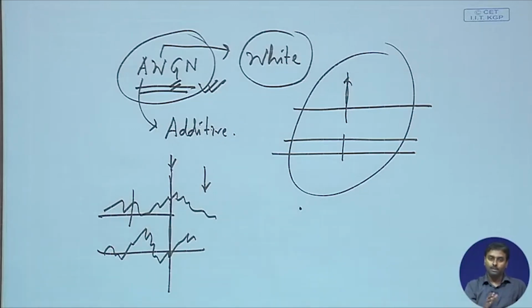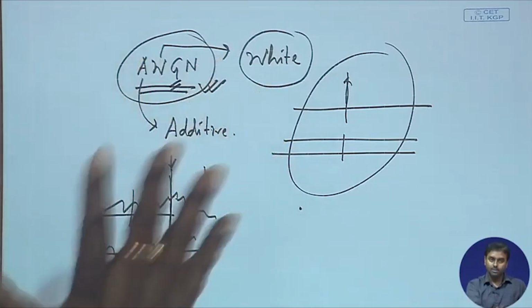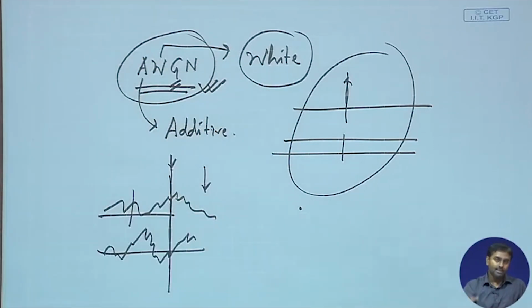Whenever we characterize noise, we say the noise amplitude is directly added to the signal amplitude, nothing else; it is additive. The noise power spectral density is flat, specified as eta or eta by 2, whatever you like.